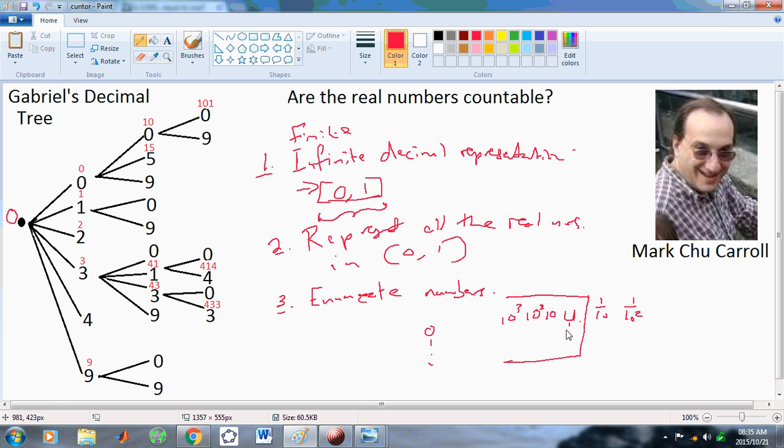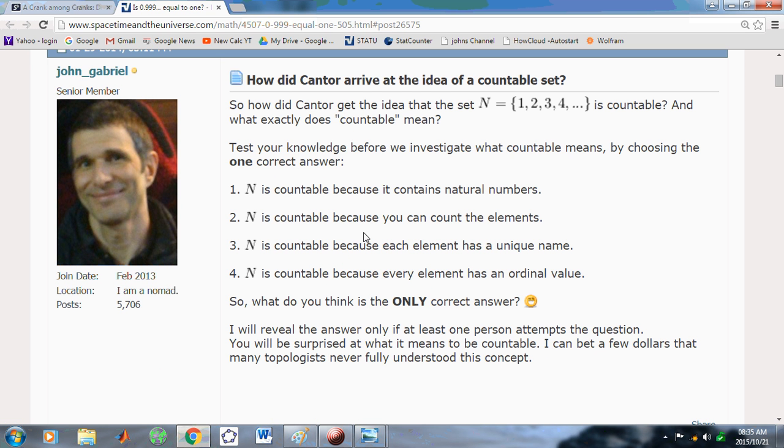Every natural number has a name, right? Okay, a unique name. And you can think about that a little bit and see why it is true. So this is why the set of natural numbers is countable, because it has elements that are clearly distinguishable from each other.